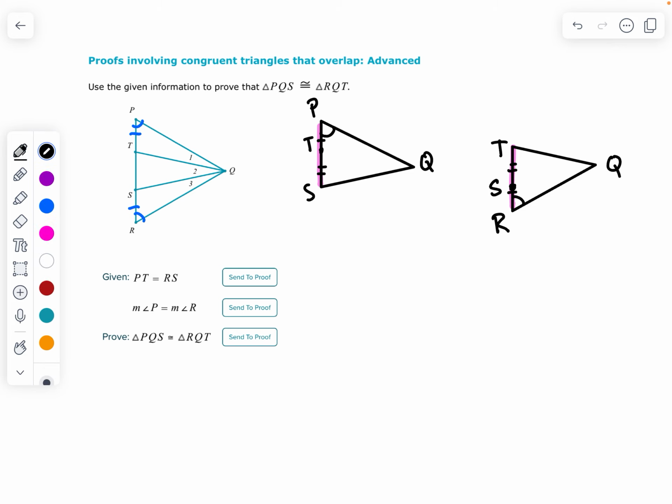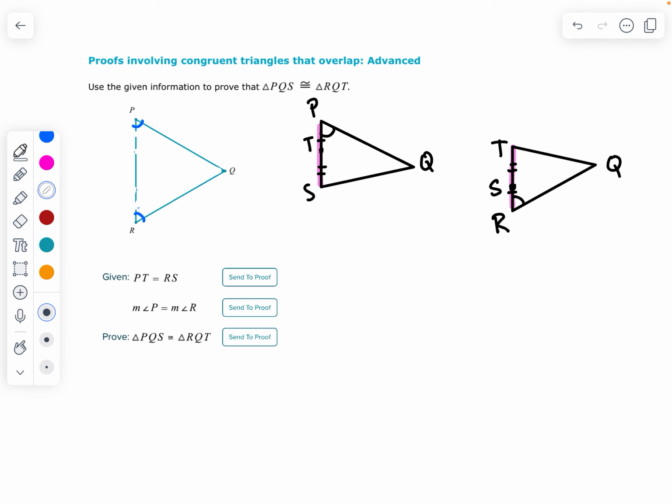But here's something I want you to look at. I'm going to kind of highlight this. I'm going to erase this line in here. Okay. Look at that. And look at the original triangle. If I were to get rid of these marks and this, what kind of triangle does that look like?